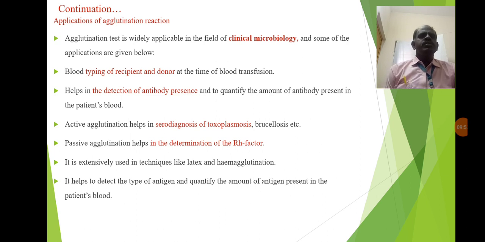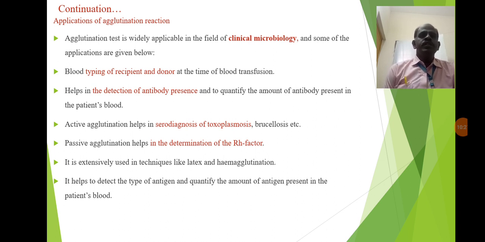Applications. The following are the applications of this technique. It is generally used in the clinical microbiology field for typing the recipient and donor blood, and to detect and quantify the presence of antibody in the patient's blood.